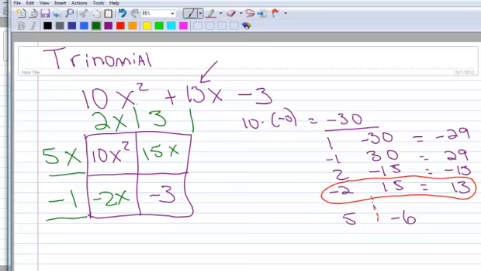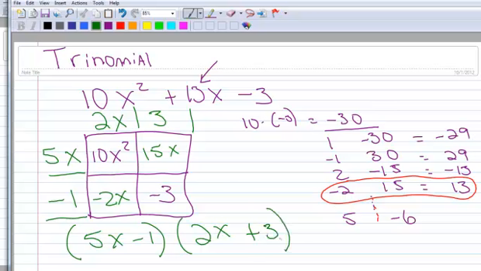So now these things I have factored out on the side and the top, those are my factors. 5x minus 1 and 2x plus 3. And that's a technique for factoring a trinomial. Super handy here, especially if your leading coefficient is not 1.